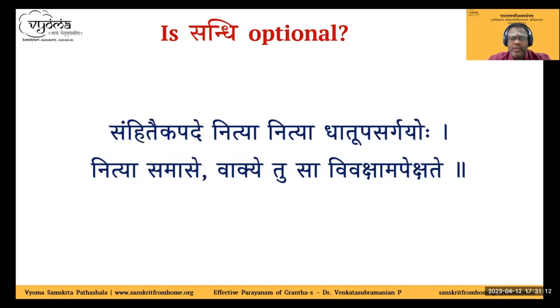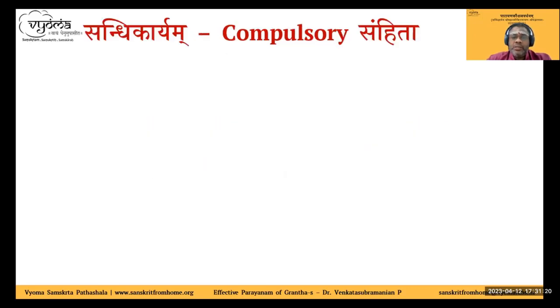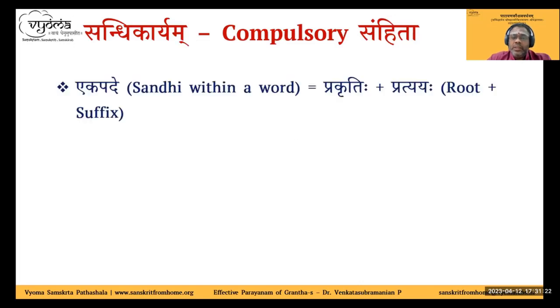He can decide whether he wants to join and tell or split and tell. This is the karika for sandhi. Ekapade, sandhi within a word, prakriti pratyaya. Hare plus ye becomes haraye. Haraye is the chaturthi vibhakti form of hari shabda.